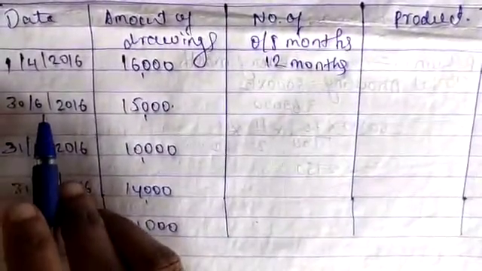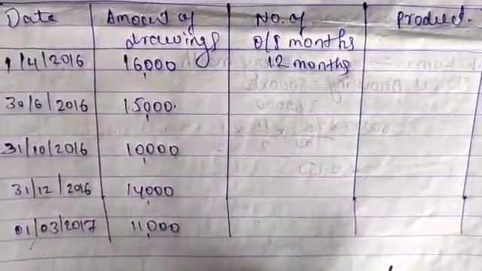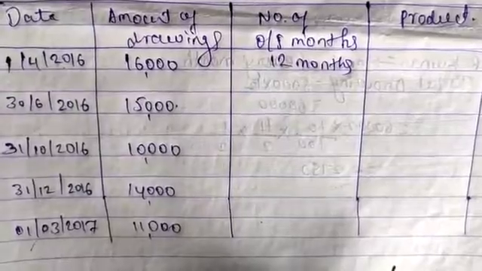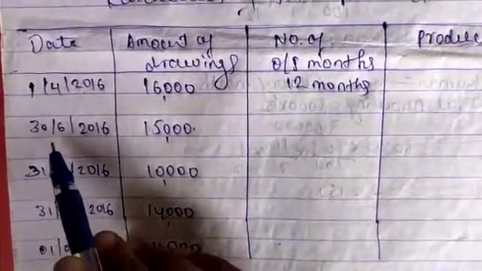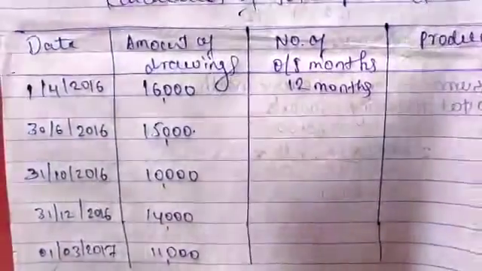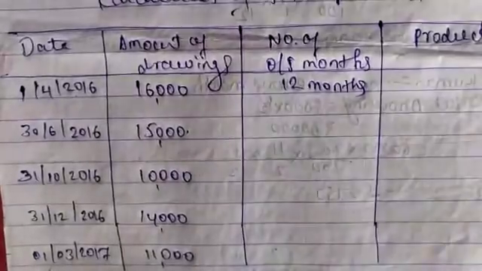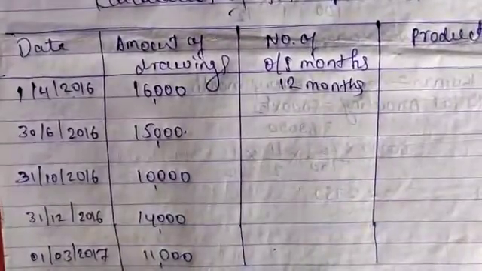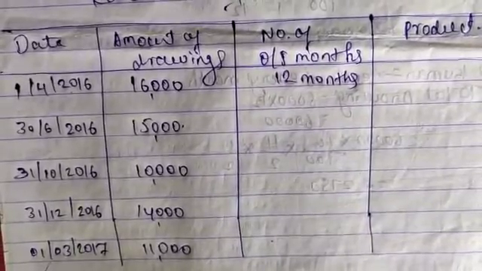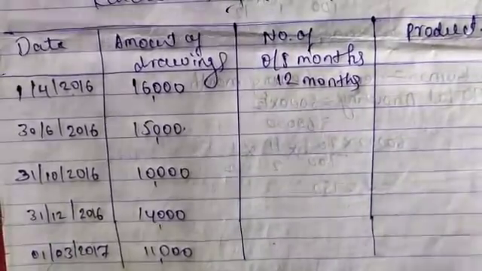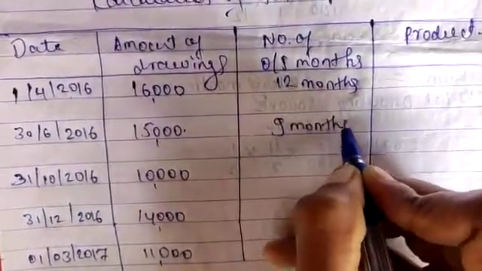Next, 30th/6 means June last date, so June should not be considered in the outstanding months. From 30th/6 you leave that June month and consider the immediate next month, that is July. From July to March: July, August, September, October, November, December, January, February, March. These are 9 months outstanding.